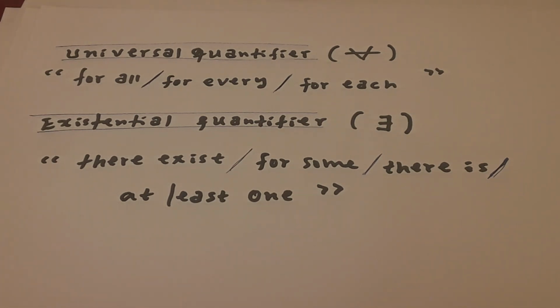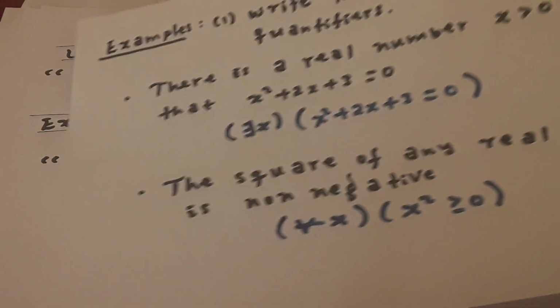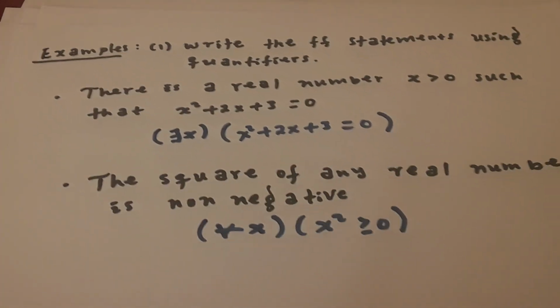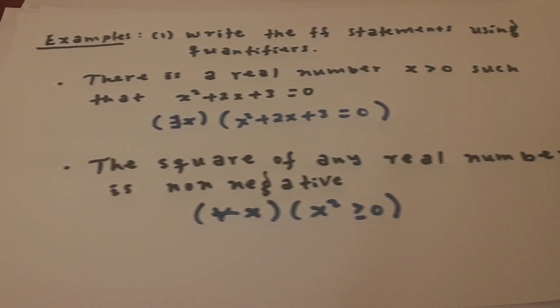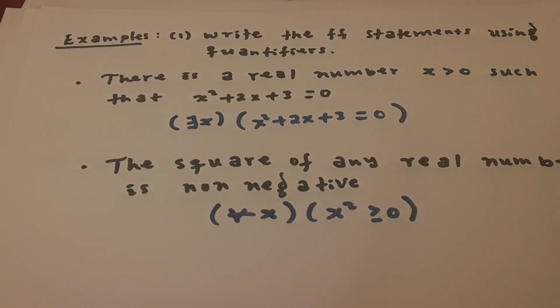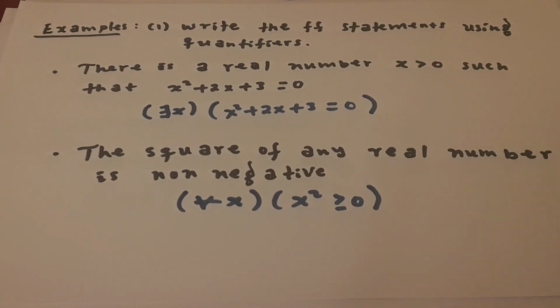In quantification, we have to remark that before we deal with universal quantification, we will first try to represent English statements using quantifiers. I think it's better to exercise the same.